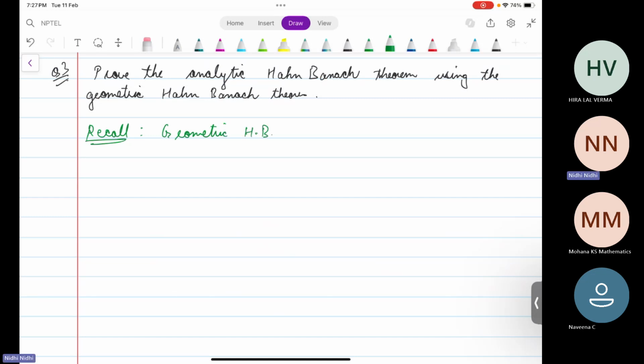Hahn-Banach. It states that, let's start with the normed linear space.